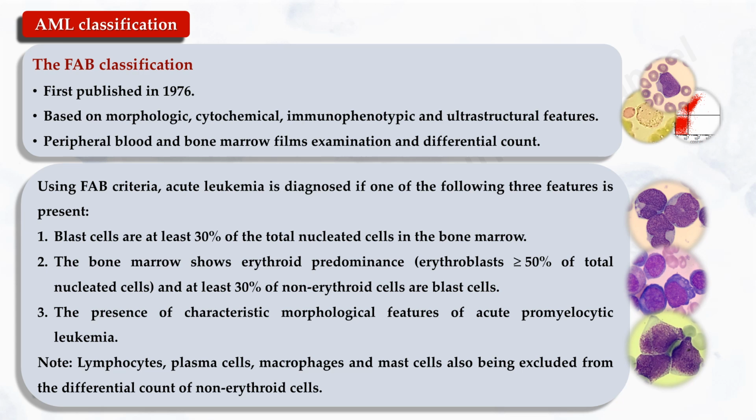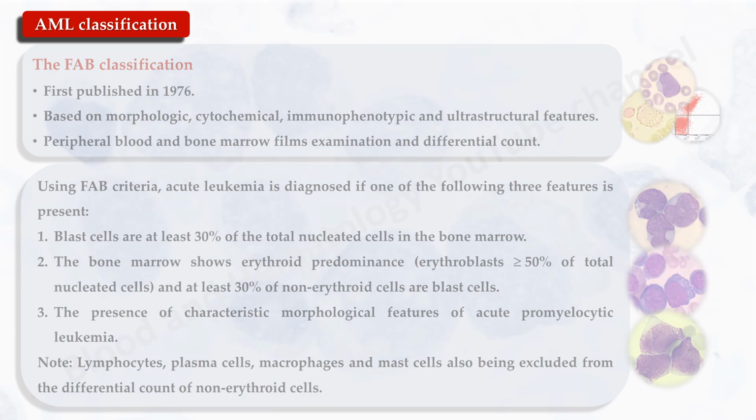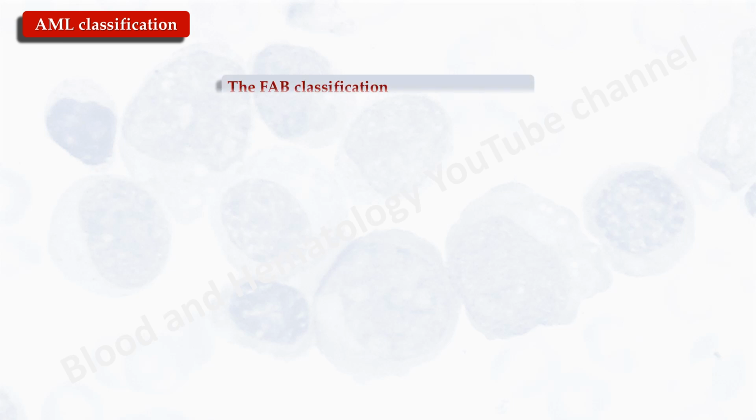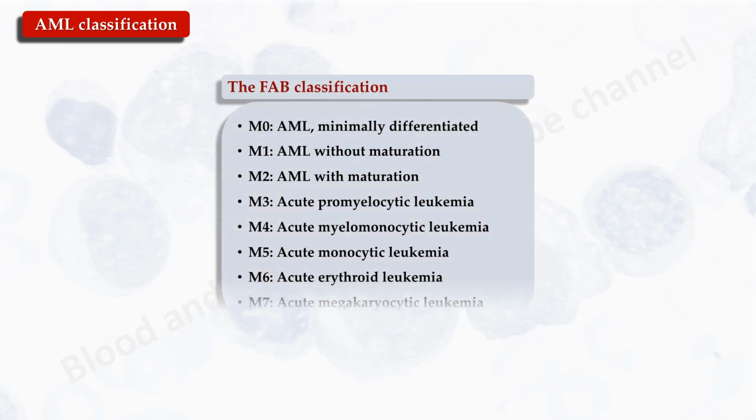Lymphocytes, plasma cells, macrophages and mast cells are excluded from the differential count of non-erythroid cells. In the FAB system, AML are classified into 8 subtypes, M0 to M7.